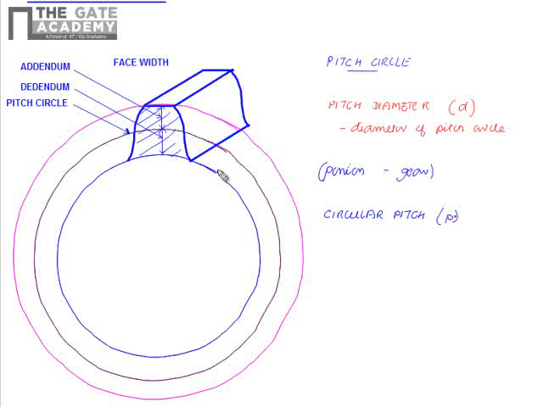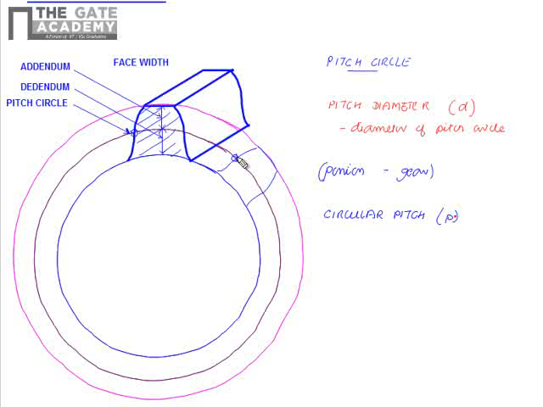So if I have another tooth here like this, the distance from this point to this point along this pitch circle is called the circular pitch.